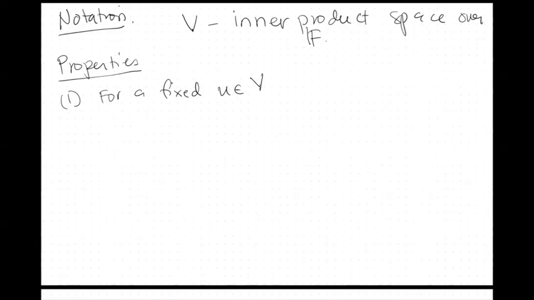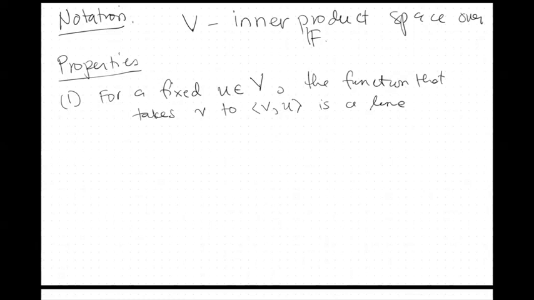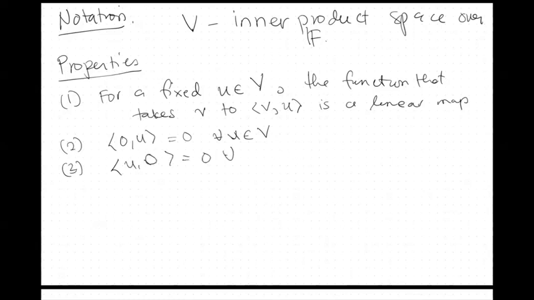For a fixed u in V, the function that takes v to the inner product of v and u is a linear map. Number two, 0 inner product u is equal to 0 for all u in V. Number three, u inner product 0 is also 0 for all u in V.